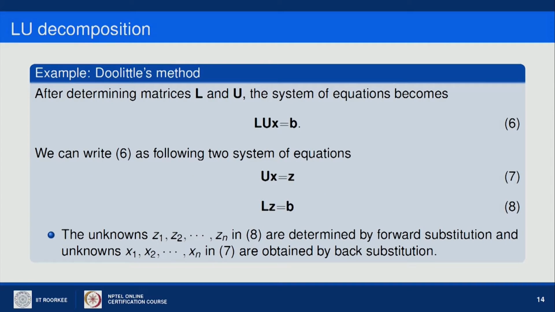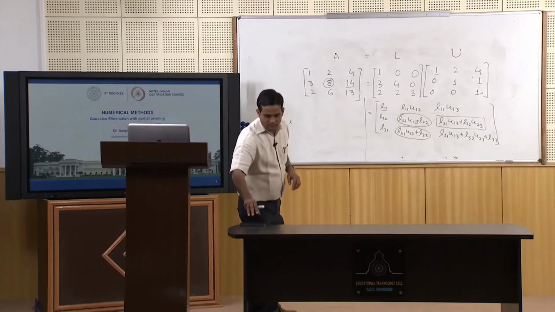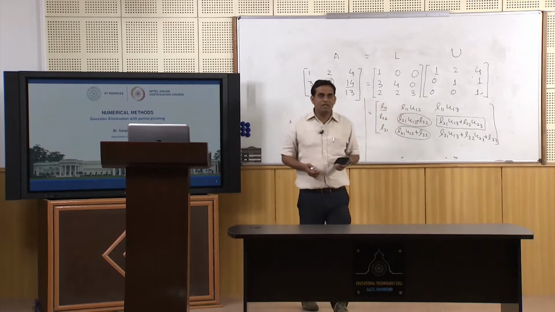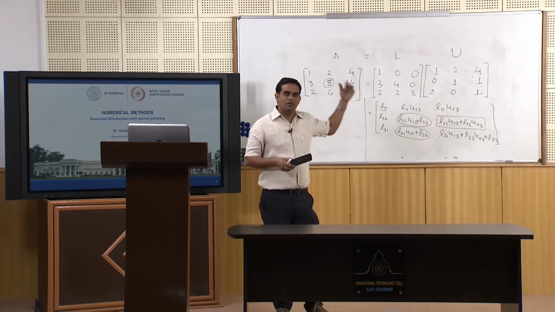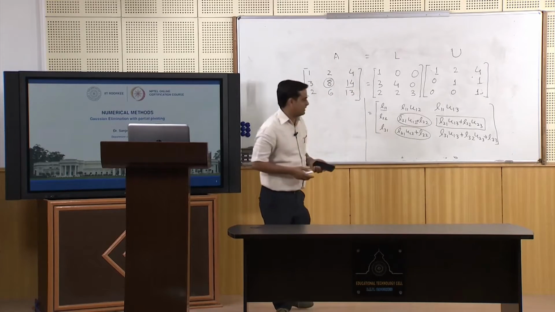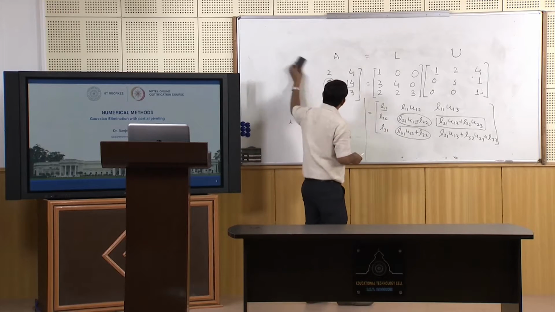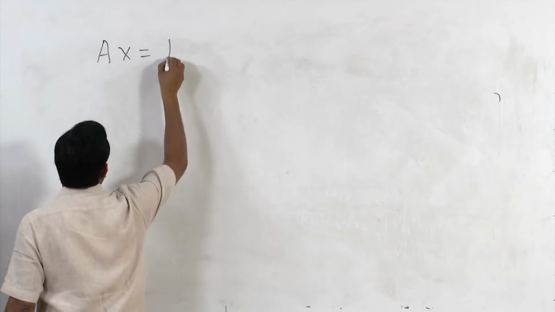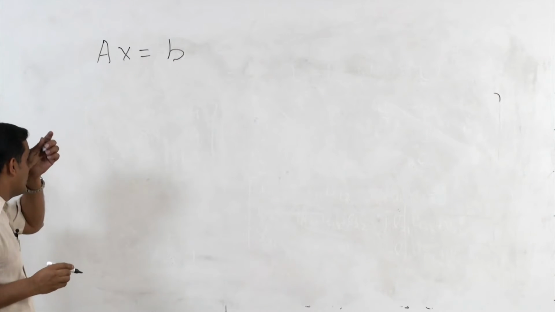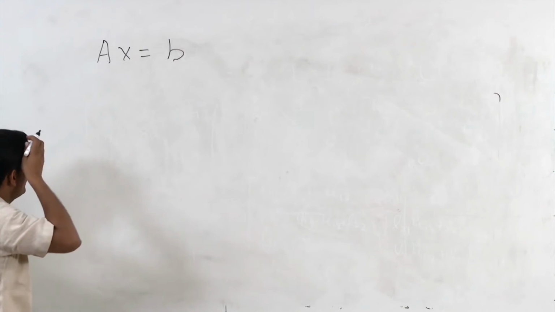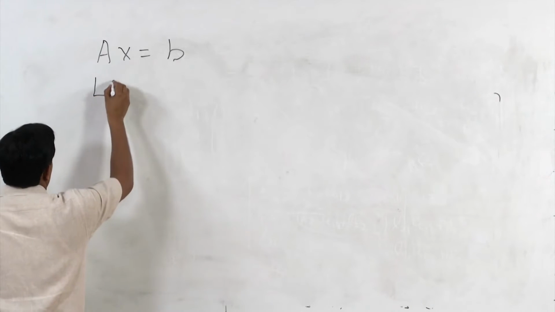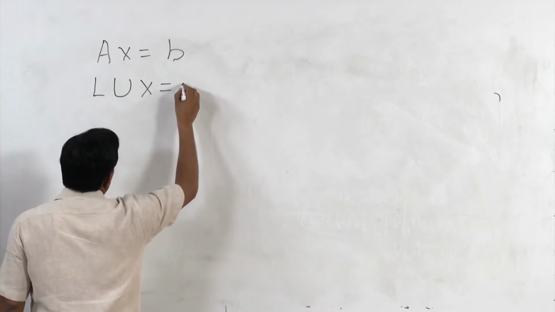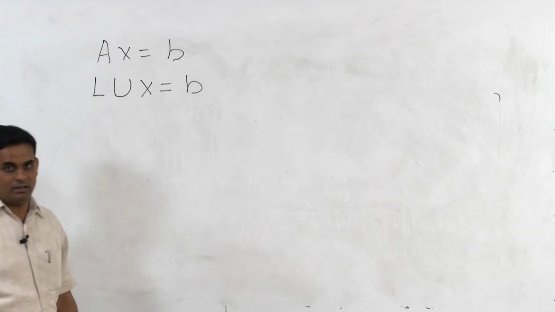Now, this is about the factorization or decomposition. Now, question: how to solve a linear system using the concept of factorization. So, let me explain it. So, basically we have Ax equals b. So, I have decomposed A as L into U. So, LU into x equals b.